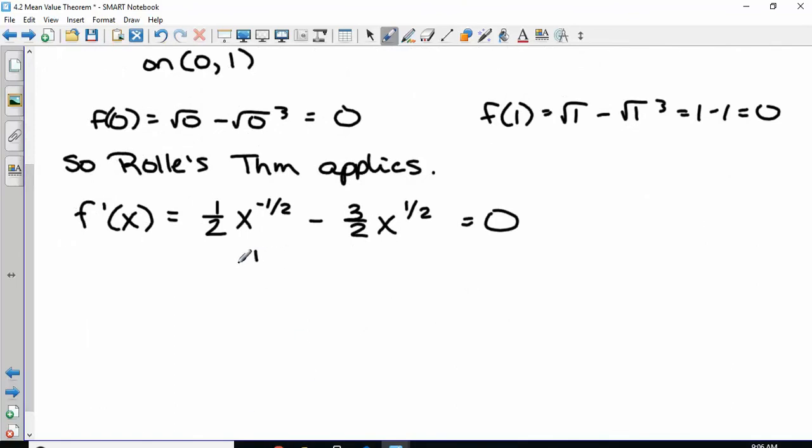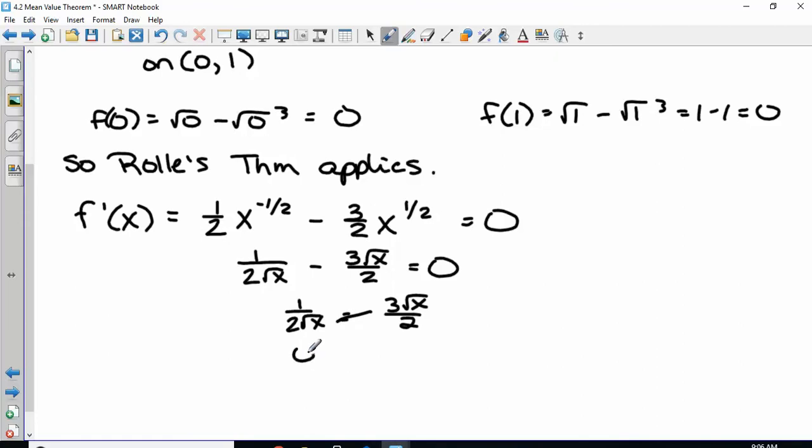Okay, that's like a 1 over 2 as x. Let's say I add this term over. Cross multiply.